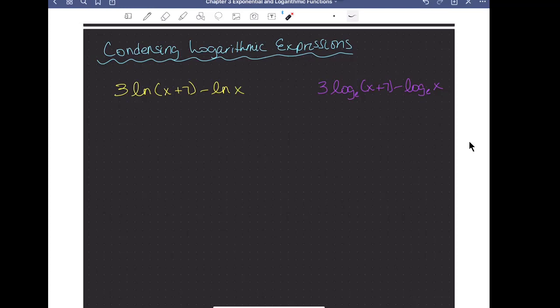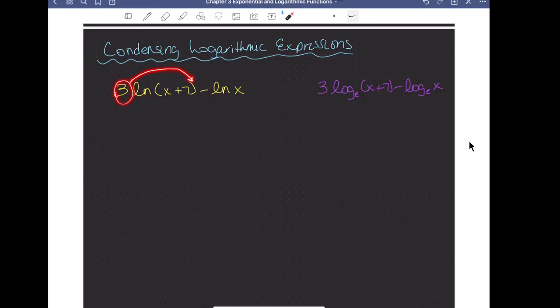So I see that these two natural logs are being subtracted from each other. So I know that that would be the multiplication property. I apologize, that would be the division, the quotient. Subtraction is quotient. And I also know that my 3 out front, if I think of that power property, would be just the opposite.